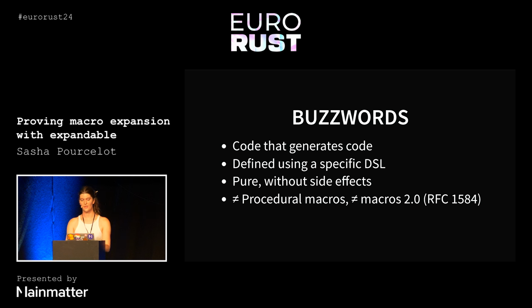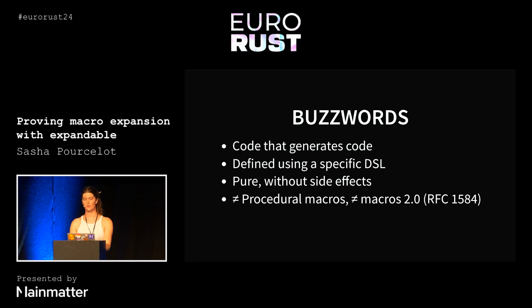In a nutshell, this means that macros cannot do nasty things such as opening a network connection or reading files from your file system. Which is very cool because it means that as a macro user, you can totally trust third-party declarative macros.